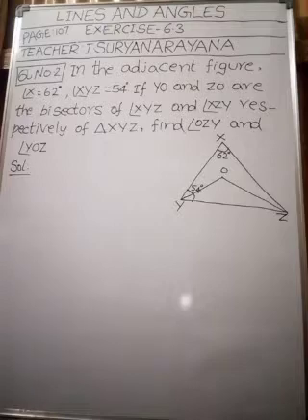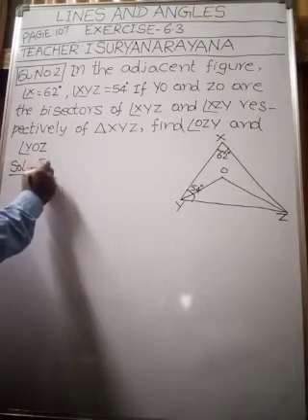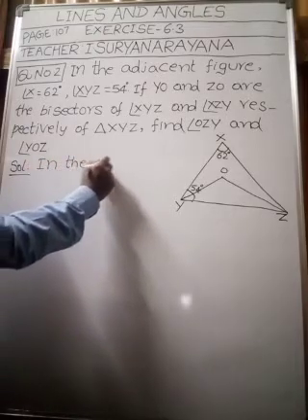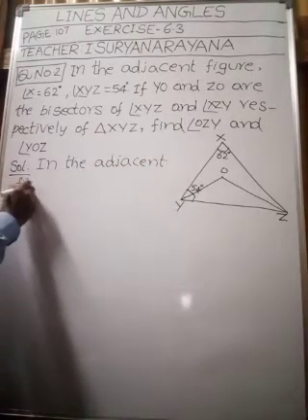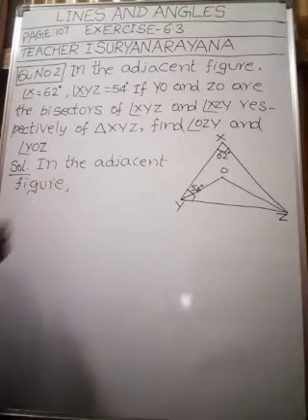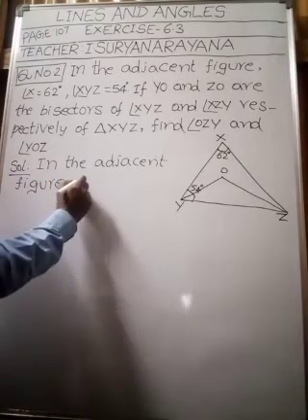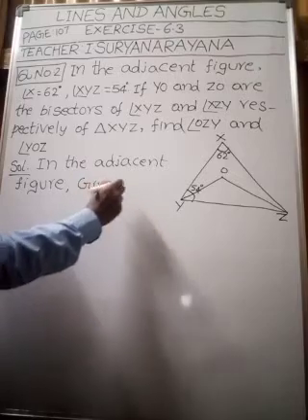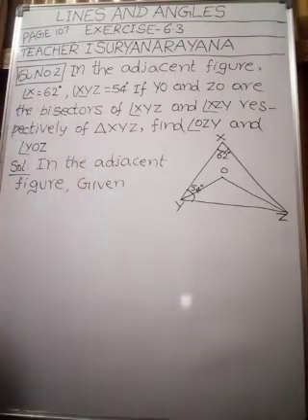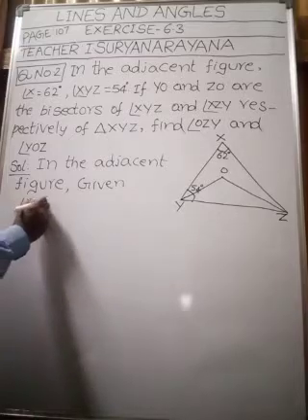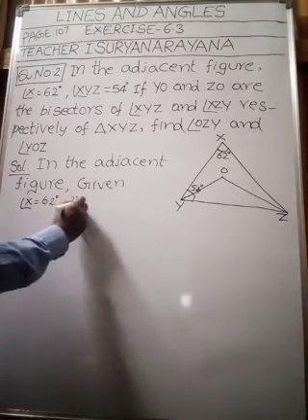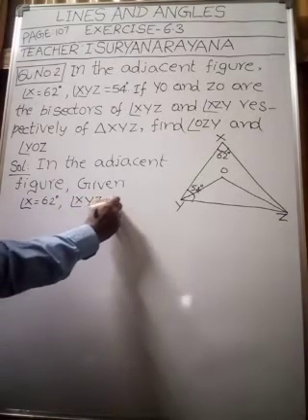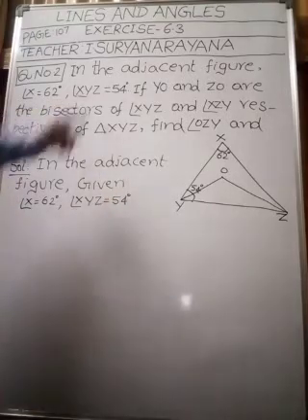First we write the given data. In the adjacent figure, given: angle X is equal to 62 degrees. Angle XYZ is equal to 54 degrees.